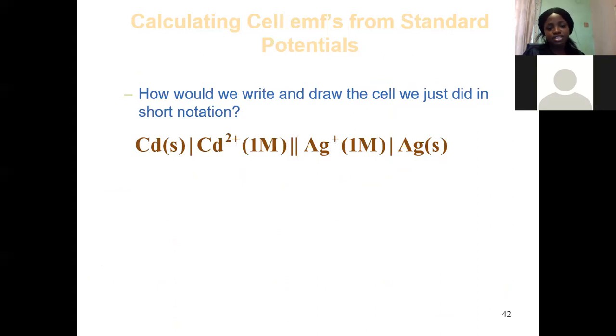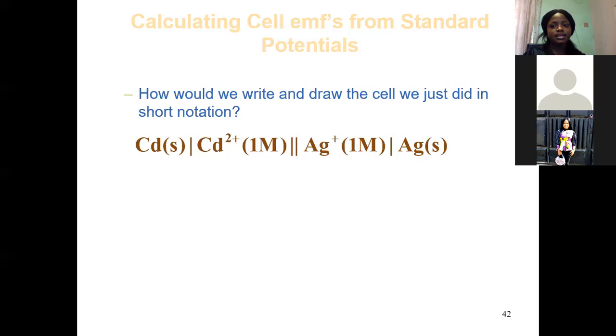This is straightforward. The answer is right there on the slide. You have your cadmium on the left, and the left represents the what? Is it the anode or the cathode? Anode. And what happens in the anode? Oxidation.